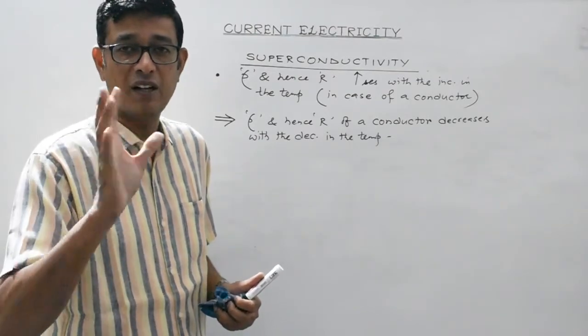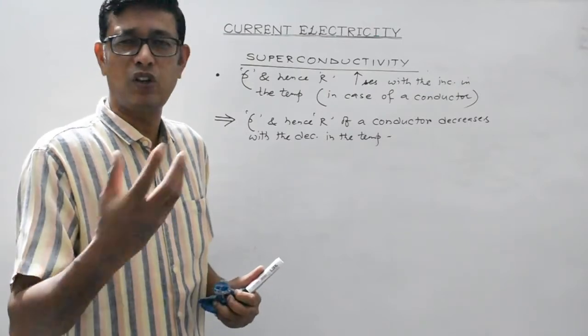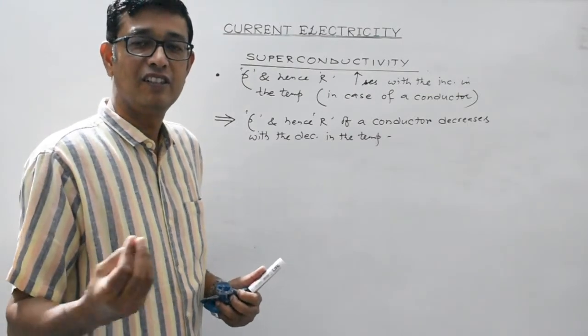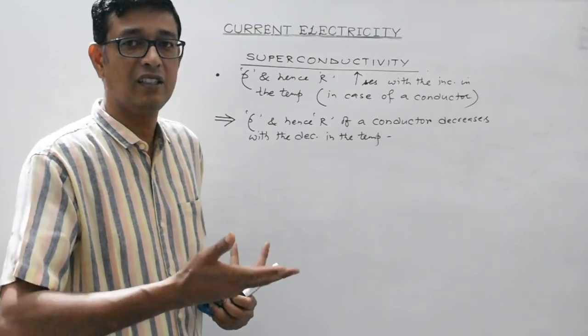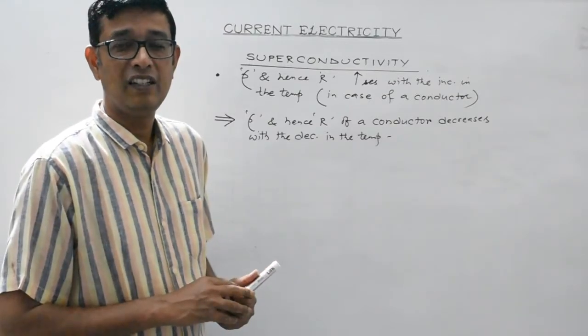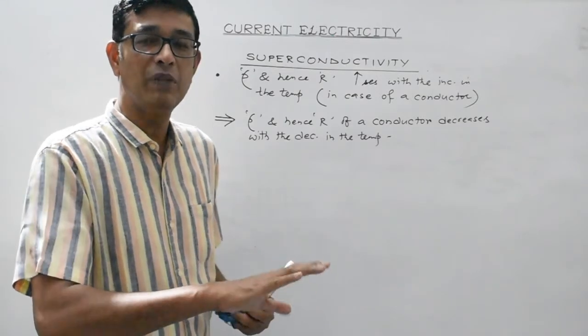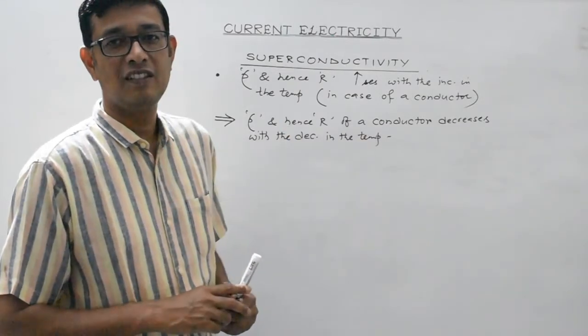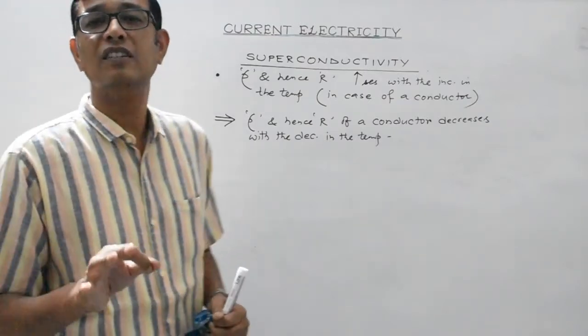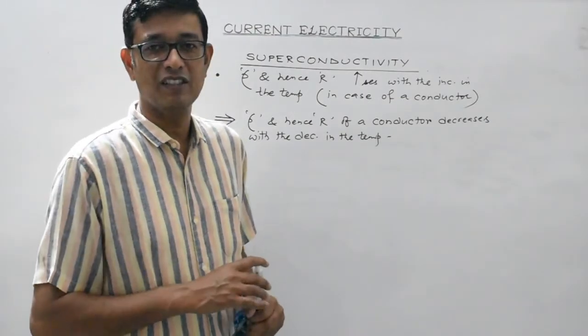So a stage will come when, at a particular very low temperature, the resistivity or resistance of that conductor might become zero. In that case the conductor is said to have become a superconductor. And this striking phenomenon is known as superconductivity.